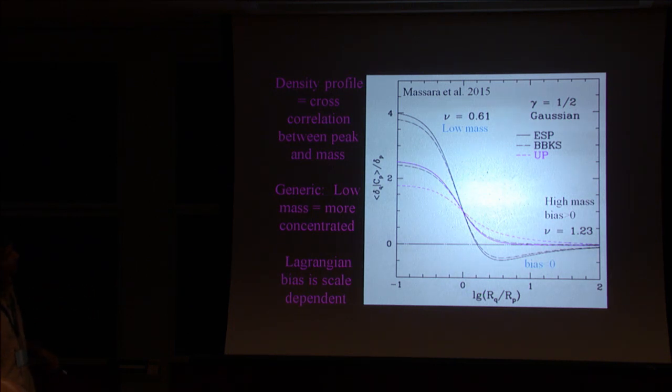On small scales they are high, so on scales smaller than that on which you defined the peak. But as you go to larger scales, this drops and the bias is below. So the signal is below the profile associated with higher mass halos.